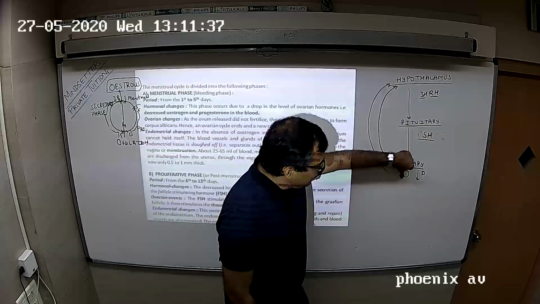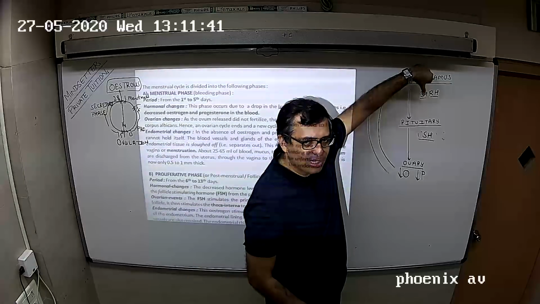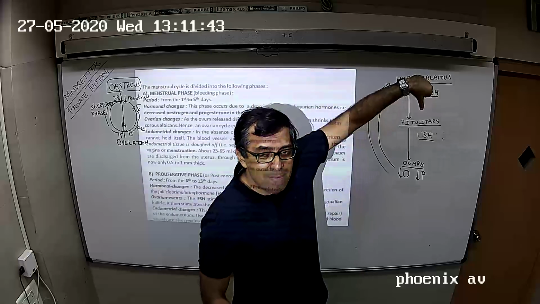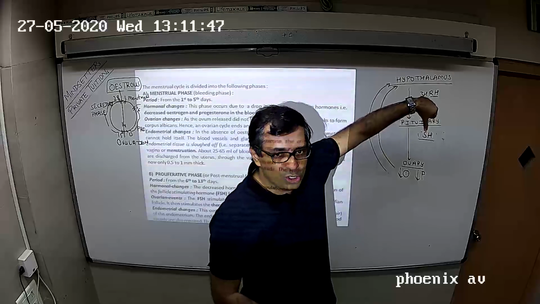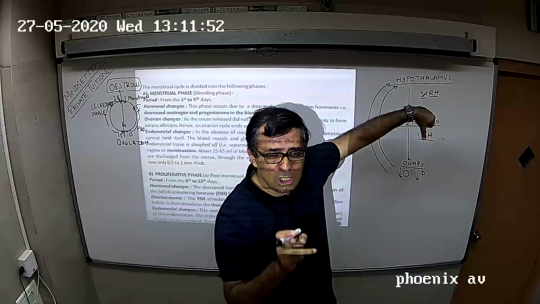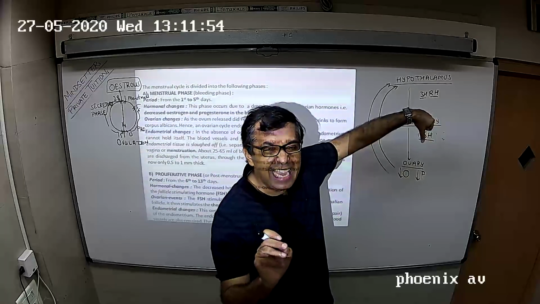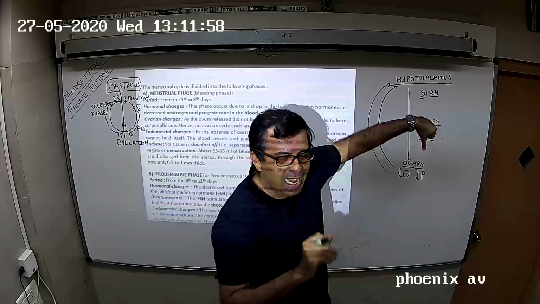Less estrogen will give a positive feedback to the hypothalamus and hypothalamus will try to increase the level of estrogen. How? Estrogen, if you remember, is mainly secreted by theca interna of the secondary follicle.